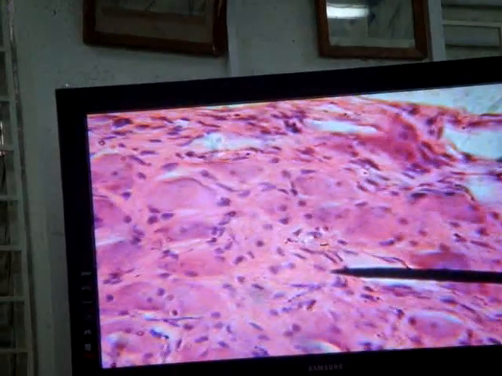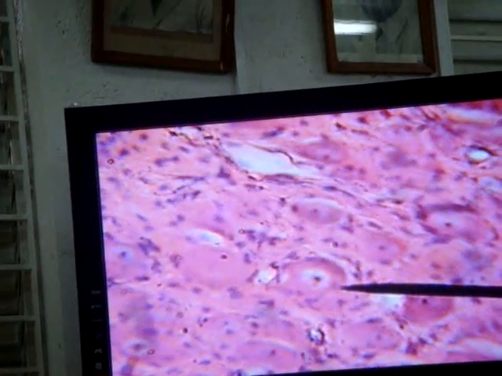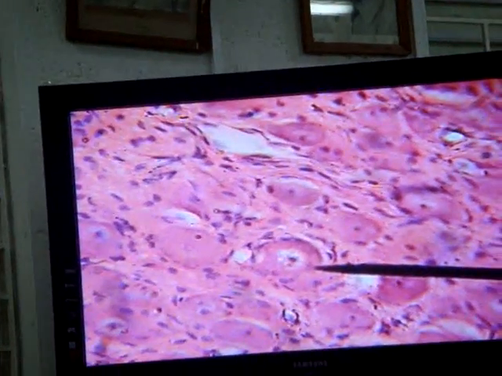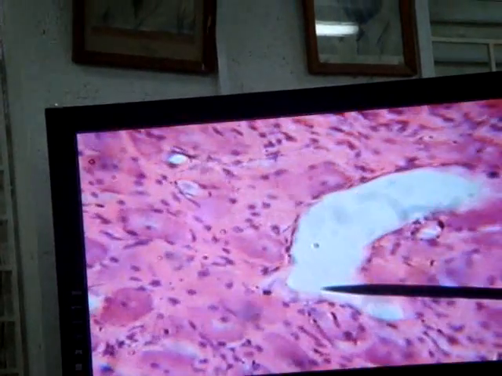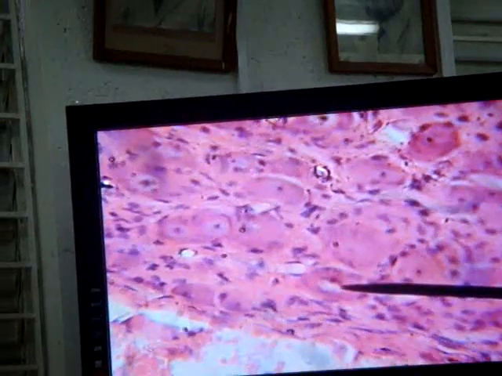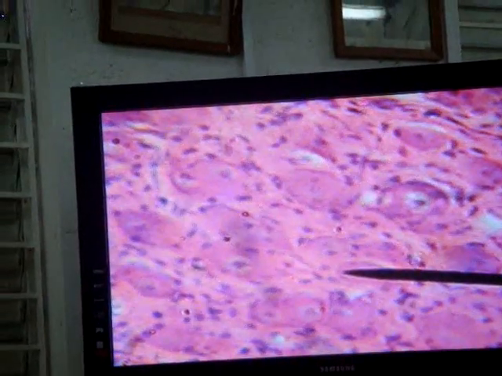When we examine the structure, the first thing that strikes me is the presence of these large cells, each possessing a pale nucleus and a darkly stained nucleolus. So this is obviously a ganglion. You might want to know which specific ganglion this would be. This would be the celiac ganglion.